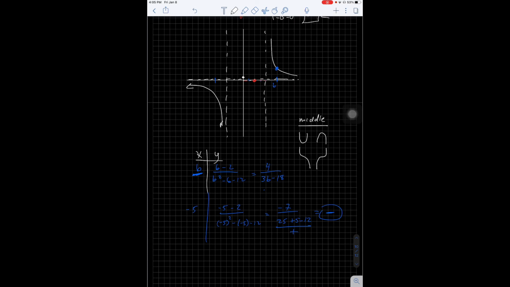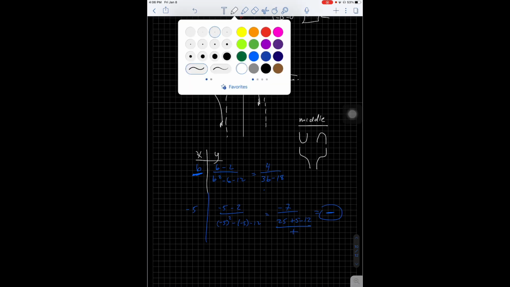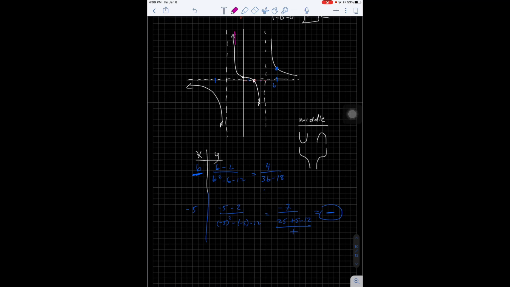So I've got a value at 1/6 and at 2. So the question is, what of these shapes can I draw through those 2 points? Well, it looks like I could draw a cubic through there, right? That makes sense to me. But I also could draw a parabola, right?